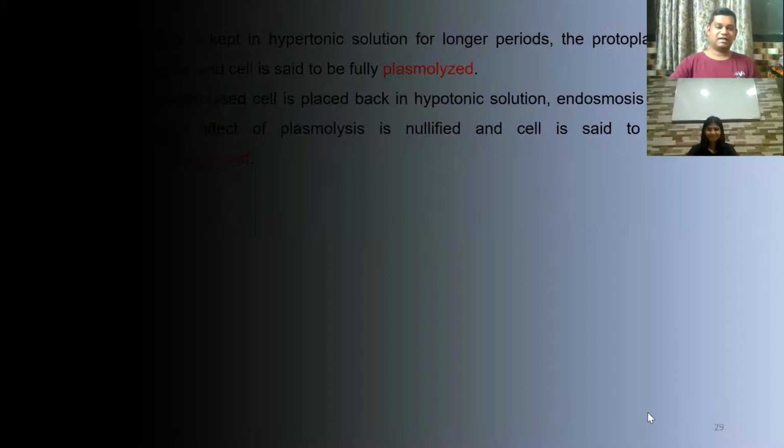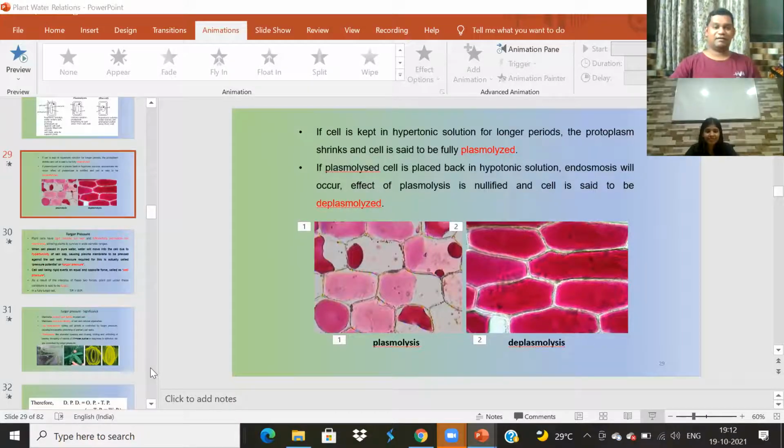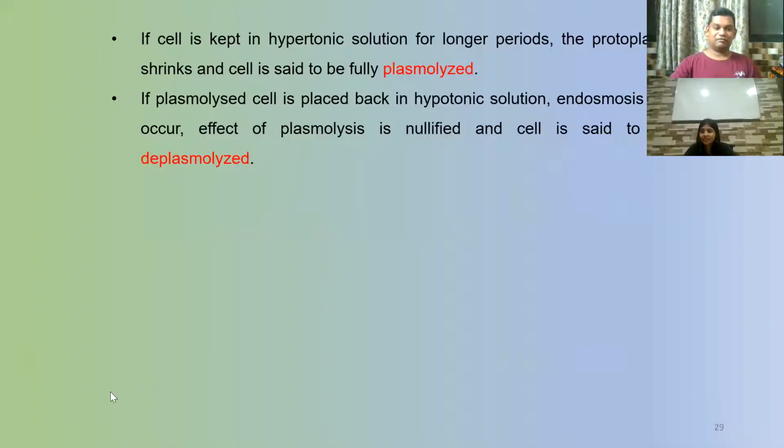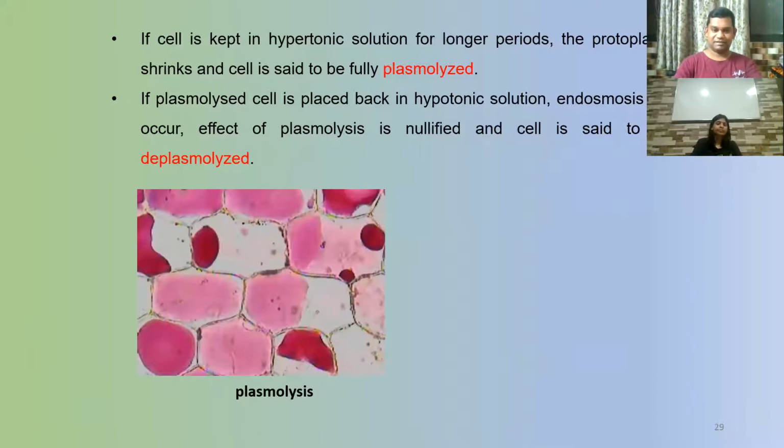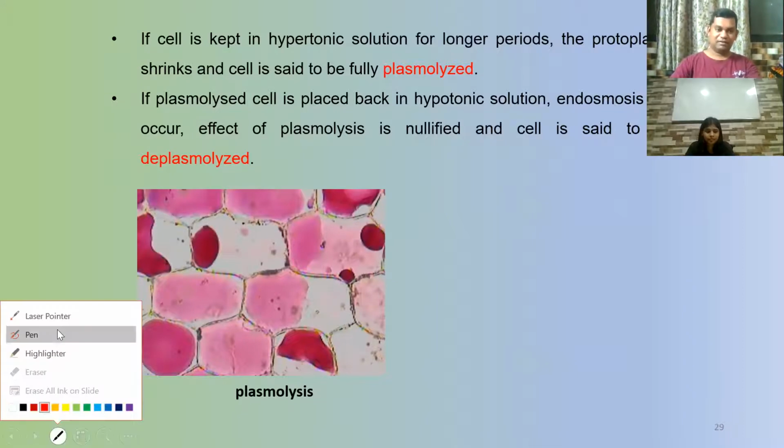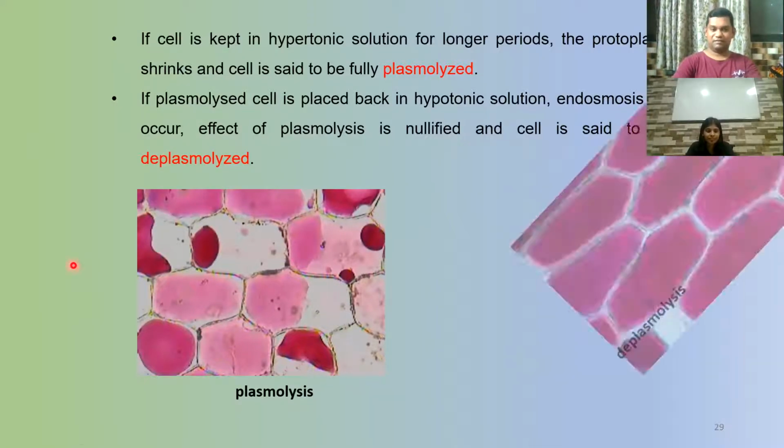So plasmolysis and deplasmolysis are also dependent upon the concentration of the medium around the plant cells. So till here we had seen in the previous session, right? And now going ahead with the rest of the concepts with respect to absorption and the physiological steps involved.